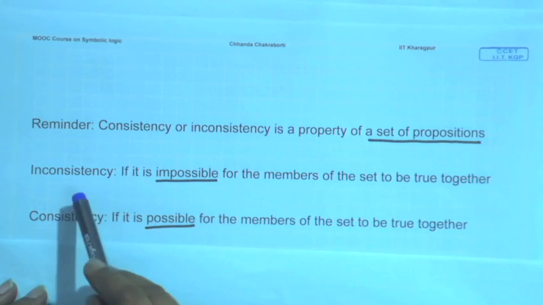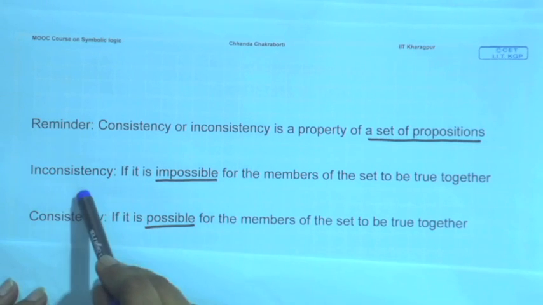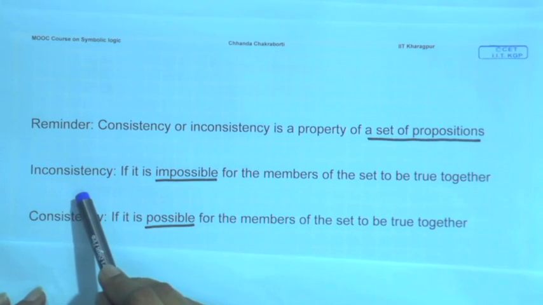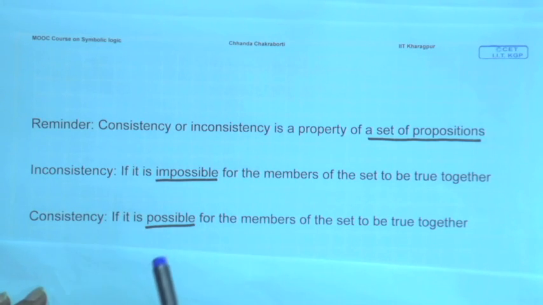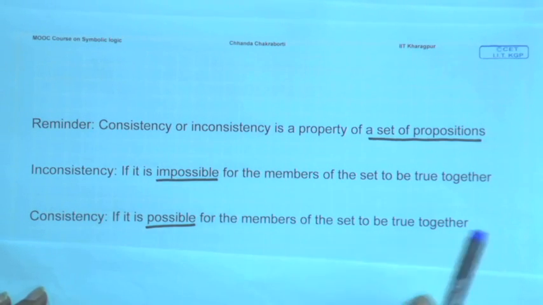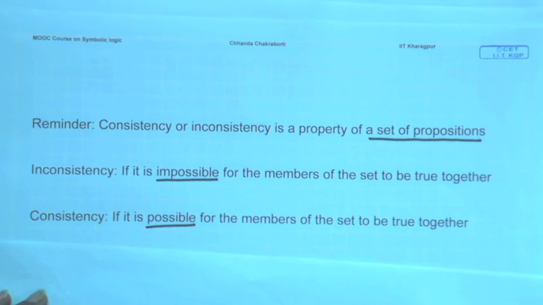Correct? Because if the set is inconsistent, then the members cannot be true at the same time. Therefore, if you do the tree of this kind of set, there is not going to be even a single branch where every member of that set is true. So, we will utilize this insight to build our definition of inconsistency in terms of the truth tree.